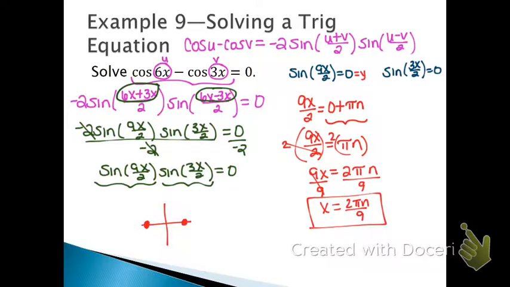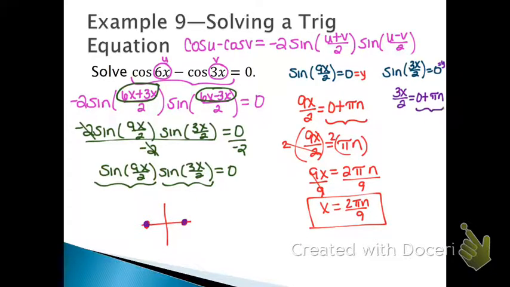All right, so what about sine of 3x over 2 equals 0? Same thing. Sine is which value, x or y? Y. So again, we're looking for where y is 0. So 3x over 2 is going to equal 0, and then plus pi n, right? Because it's in the same locations. It's at 0 and pi.